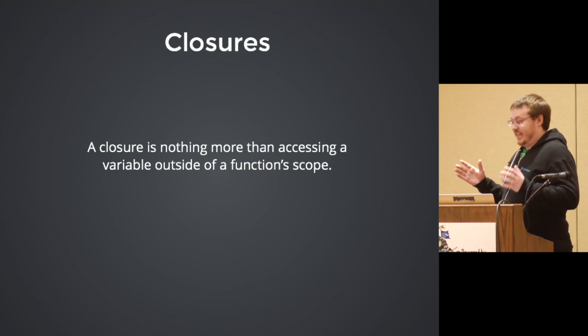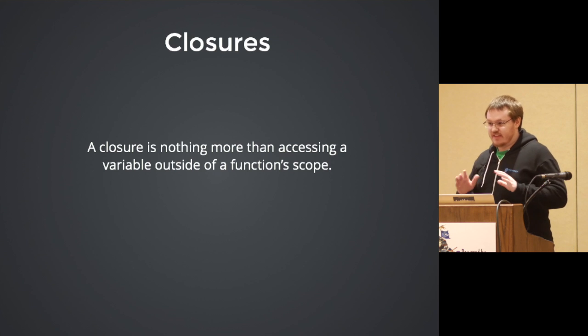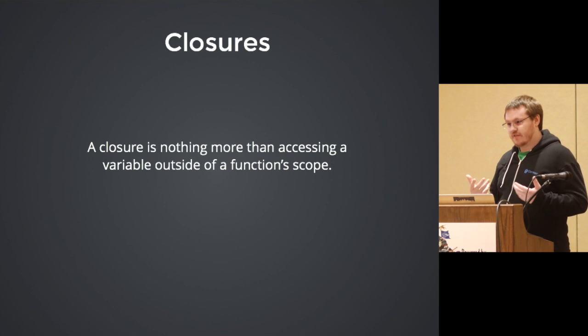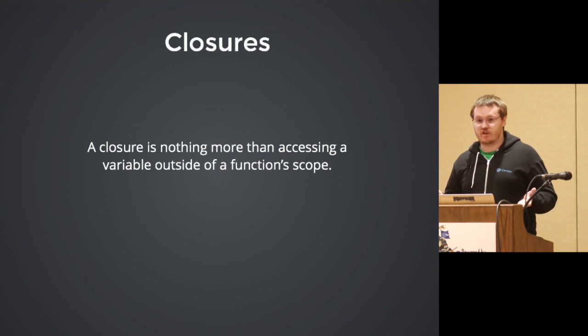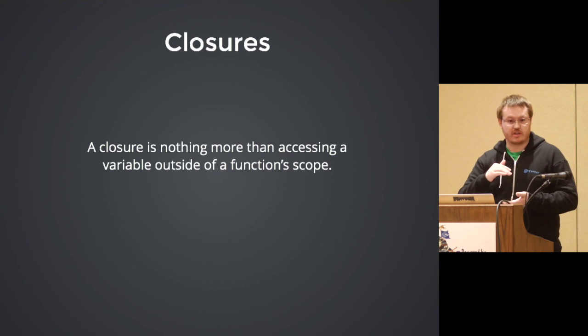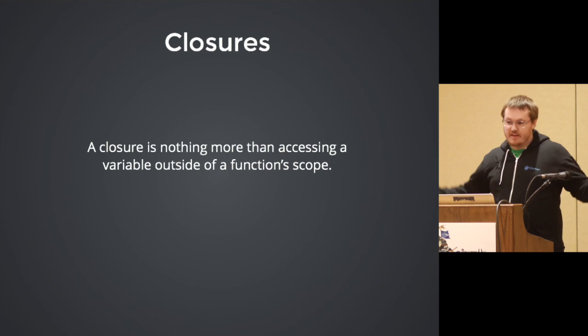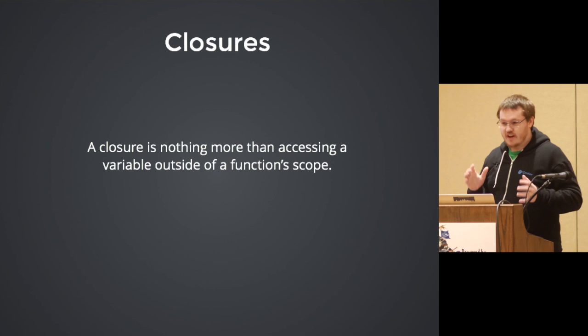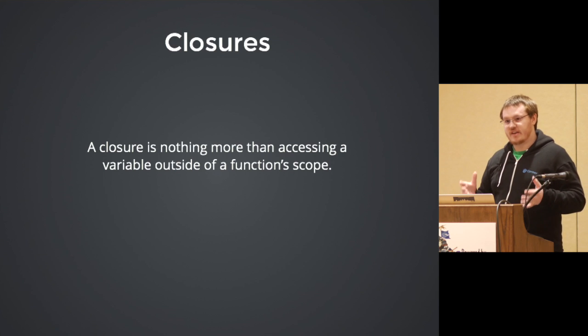So really, it's just a concept of scope. In JavaScript, you have function scope. When you create a new function, there is a new scope created for that function. Anything outside of that function knows nothing about it. It's invisible. You can kind of think of this like a box inside of a box.